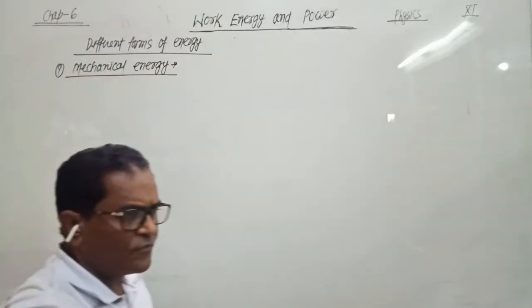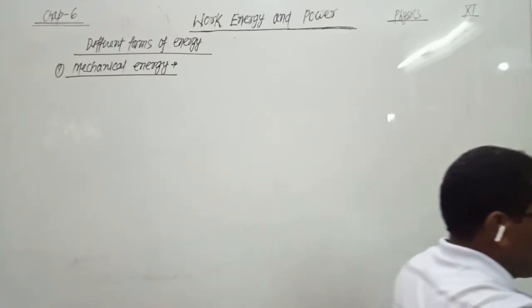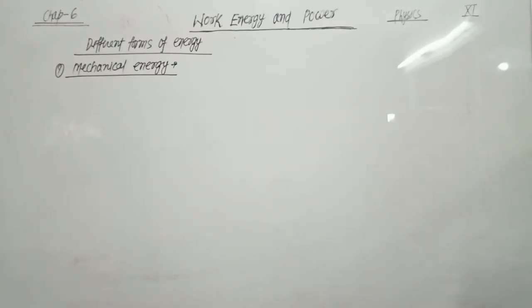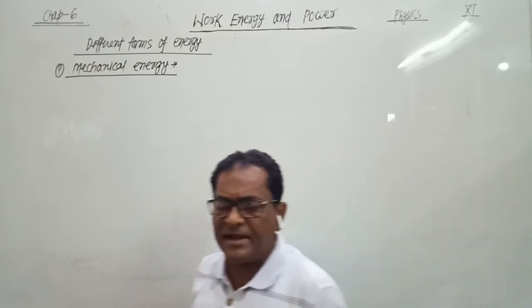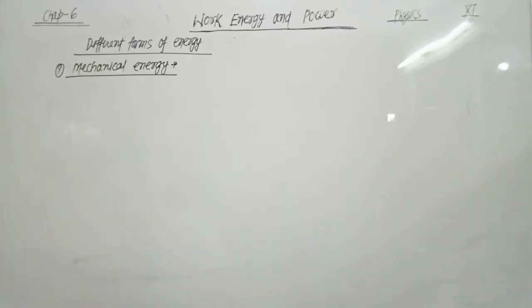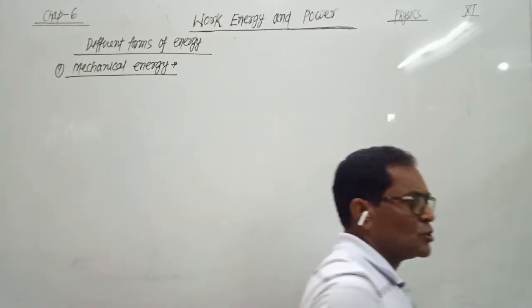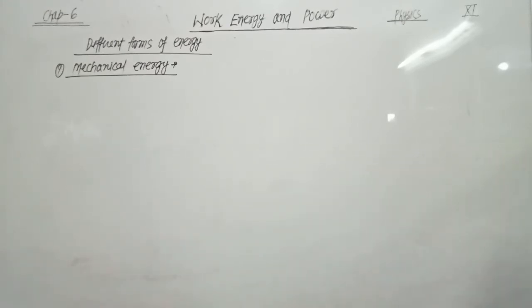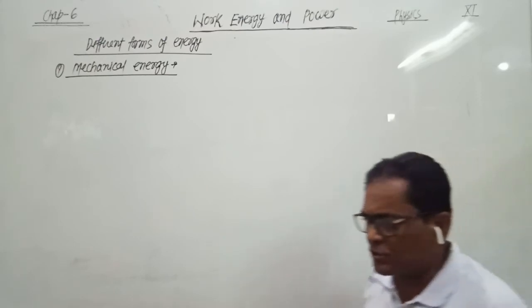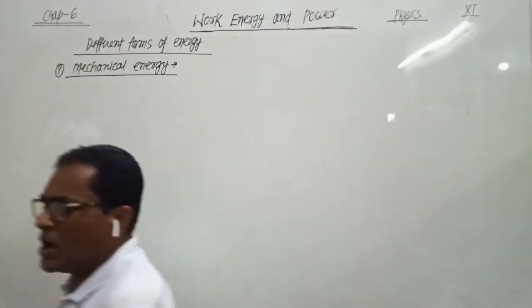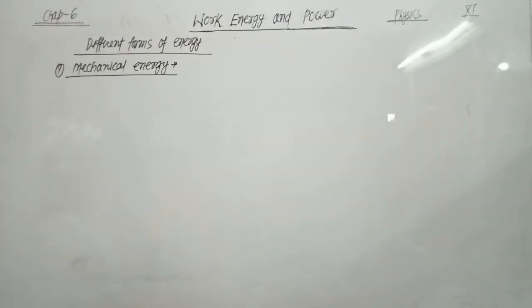The sum of kinetic energy and potential energy is called mechanical energy. The kinetic energy is due to the motion of the body and potential energy is due to the position of the body or configuration of the body.